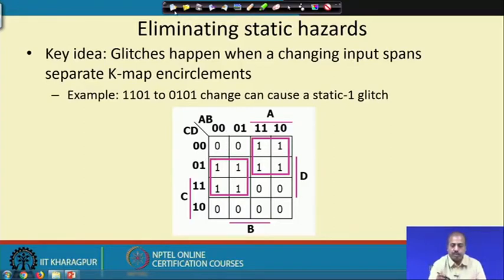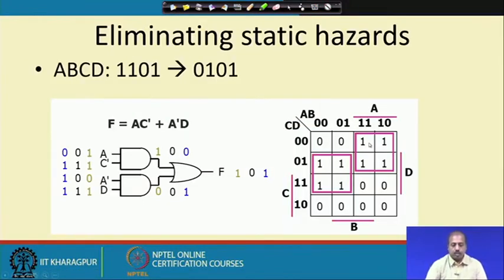So, this is the situation: we have the function where this square represents A C bar, and this other quad represents A bar D. So, it is A C bar plus A bar D. Now, if ABCD is 1101, you get this 1101, so A and C bar are 11 and A bar and D are 01, applied here.